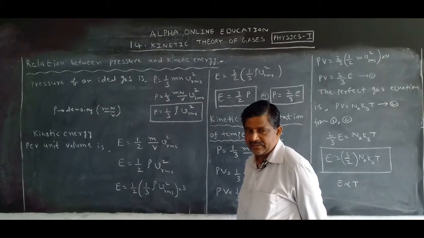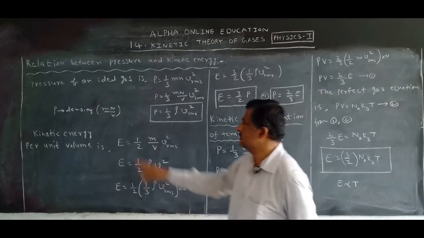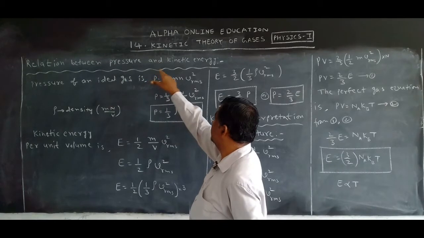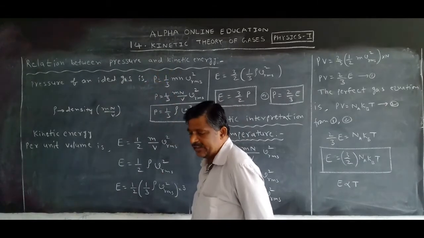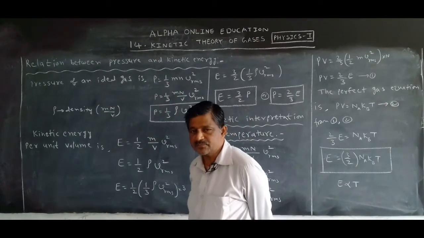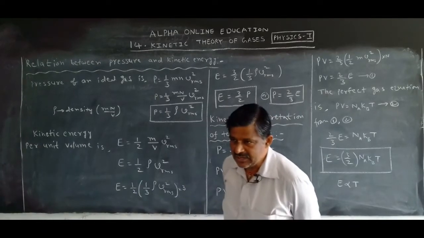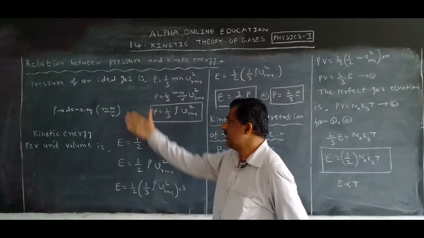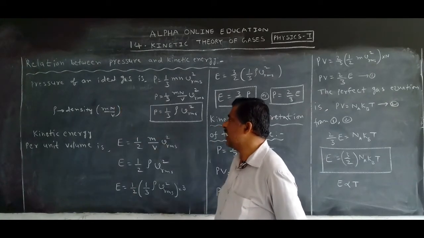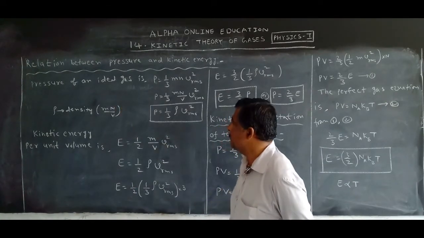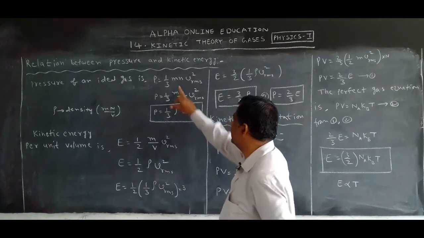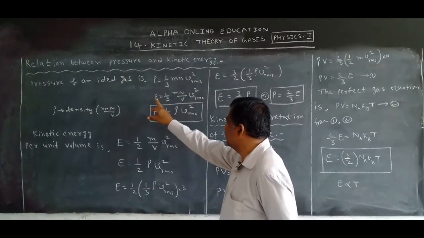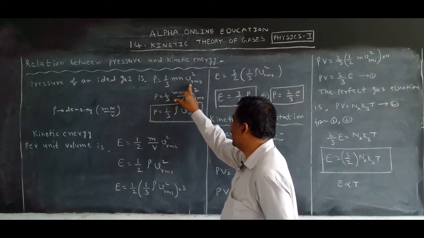Now today we want to discuss a relation between pressure and kinetic energy of the gas molecules in the container, or in the enclosure. And we know the equation: pressure of an ideal gas is P equal to 1 by 3 mn V RMS square, root mean square.